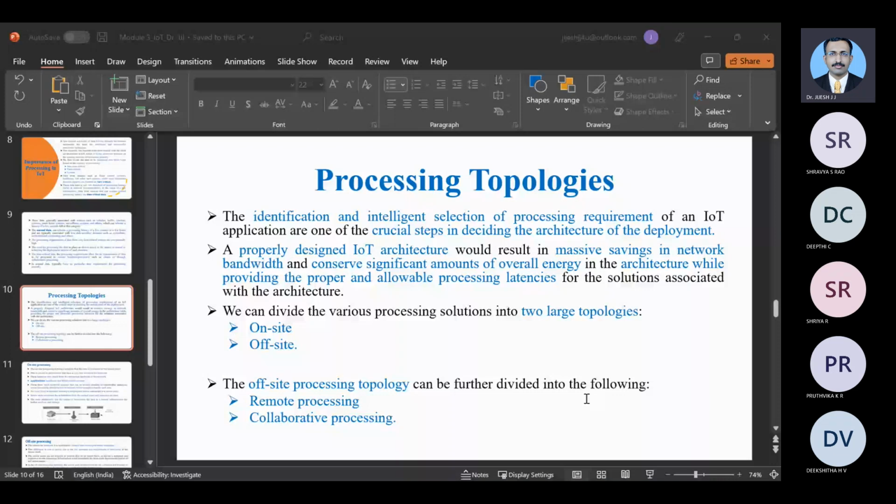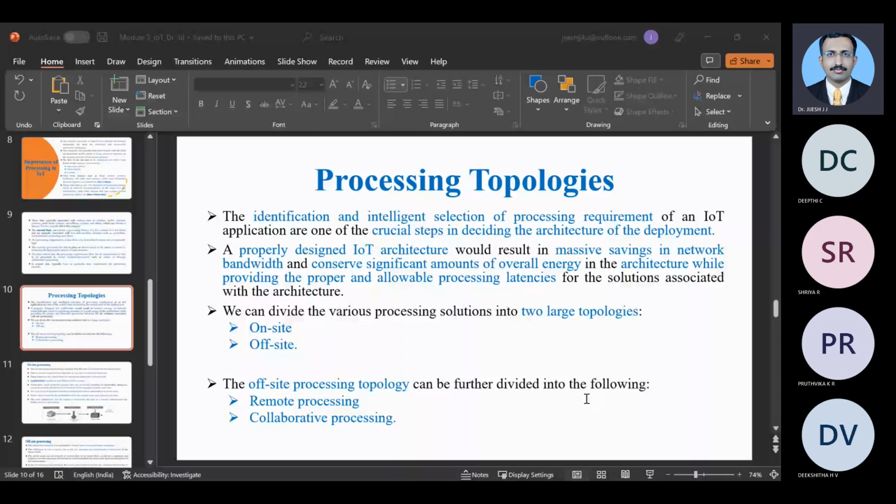All those things are very important, along with the significant amount of overall energy consumed, and you have to provide proper allocation of processing latency. So you should make sure that your bandwidth, latency, processing speed, and entire network topology, everything has to be considered and optimized so that you can transmit the information in a proper way.